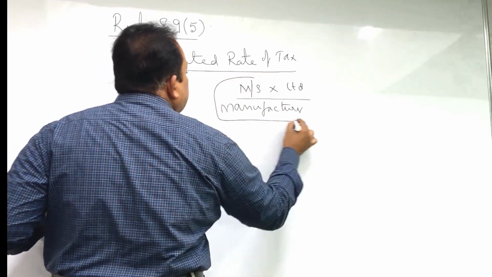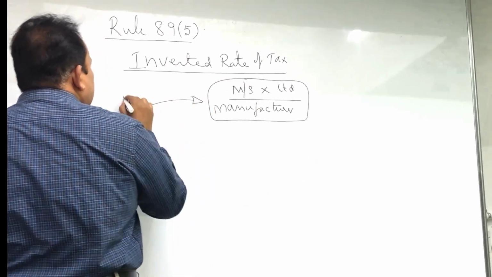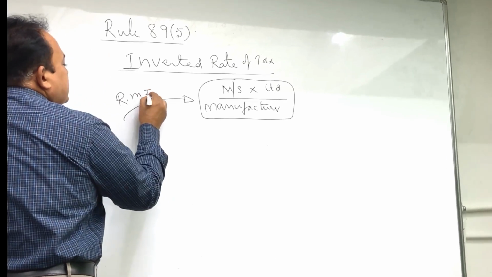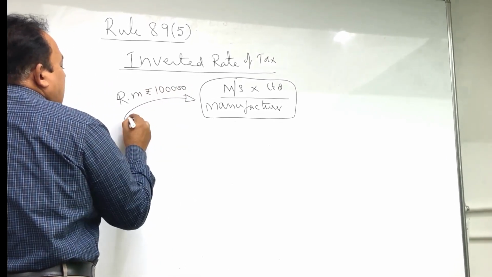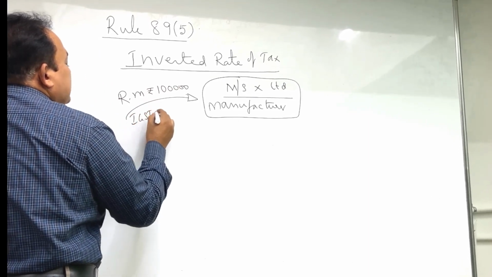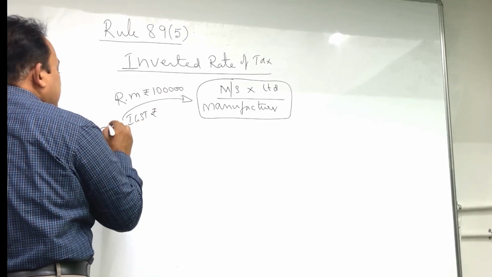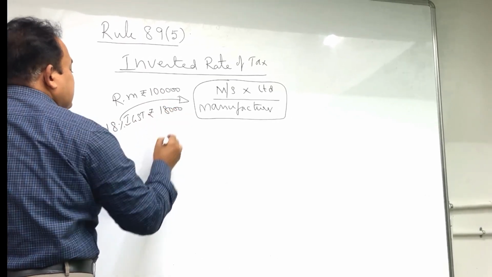This manufacturer purchased raw material for rupees 1 lakh. IGST paid by him, let us say, at the rate of 18%, which is 18,000 rupees.